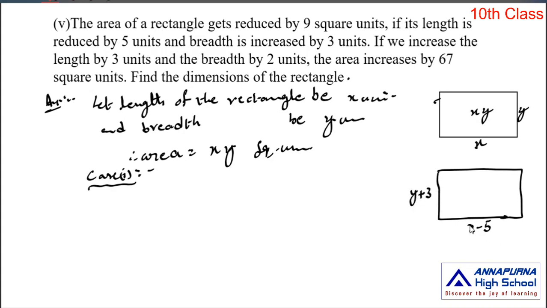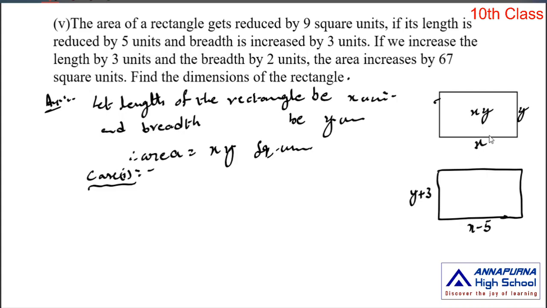So if you change the length and breadth like this, what change do we observe in the rectangle's area? The area of the rectangle gets reduced by 9 square units. So the original area is x into y, and if you change length and breadth like this, the area is reduced by 9 square units.